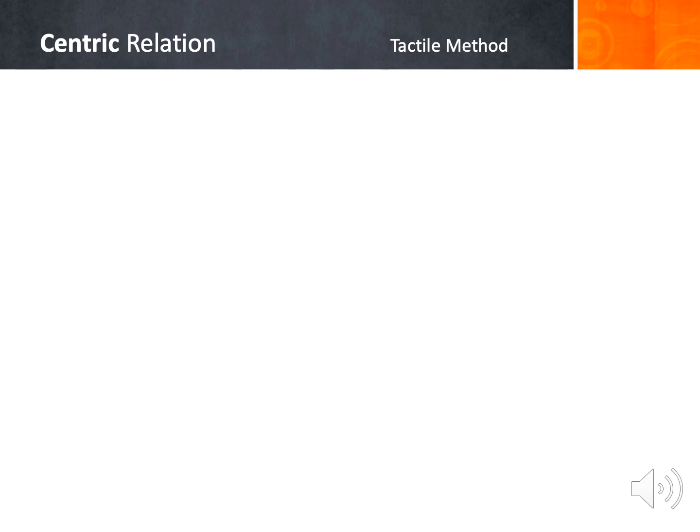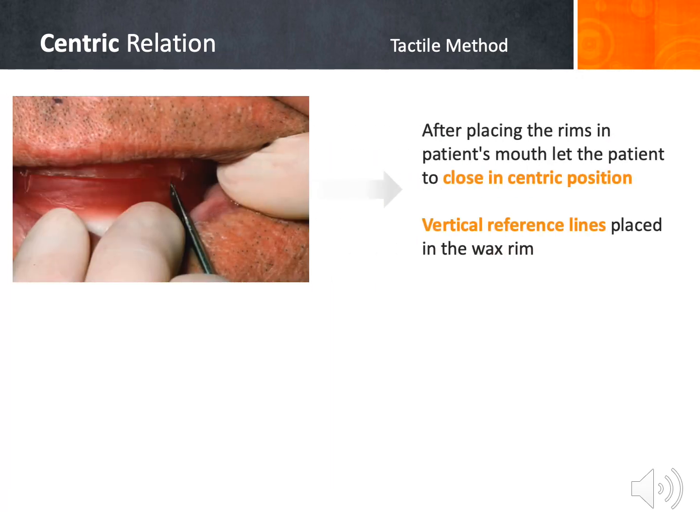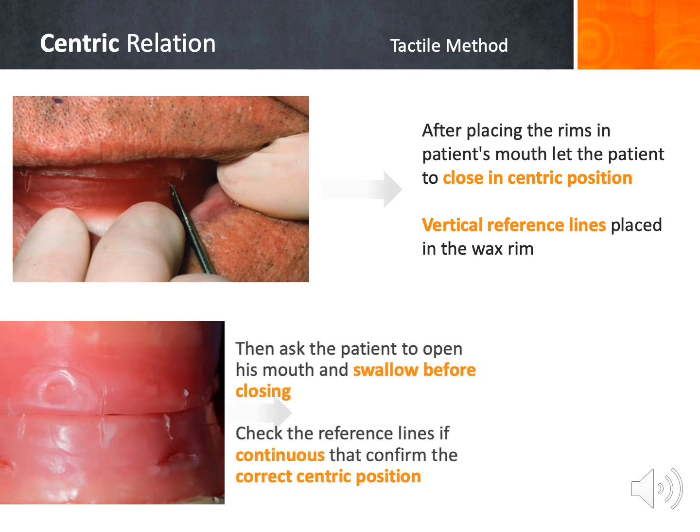In our practice, the tactile method is used to record the centric relation. After placing the rim in the patient's mouth, let the patient close in the centric position and draw 3 vertical reference lines on the wax rim using the wax knife, one at the midline and the others at the canine eminence.